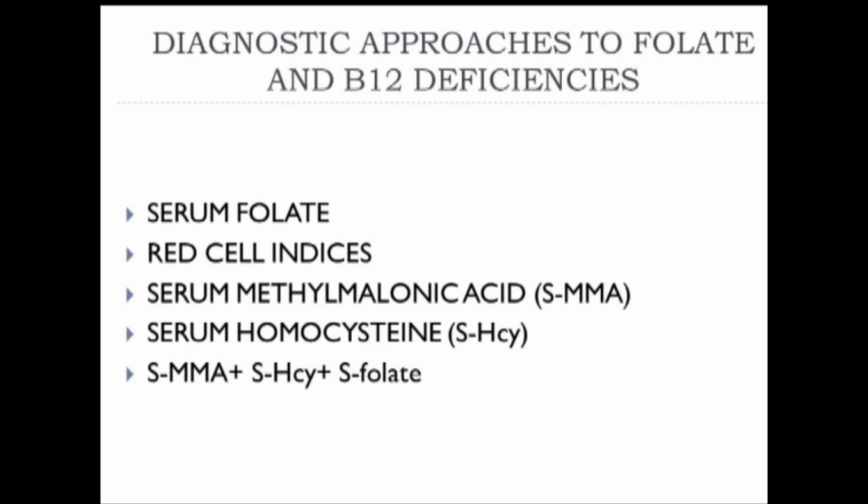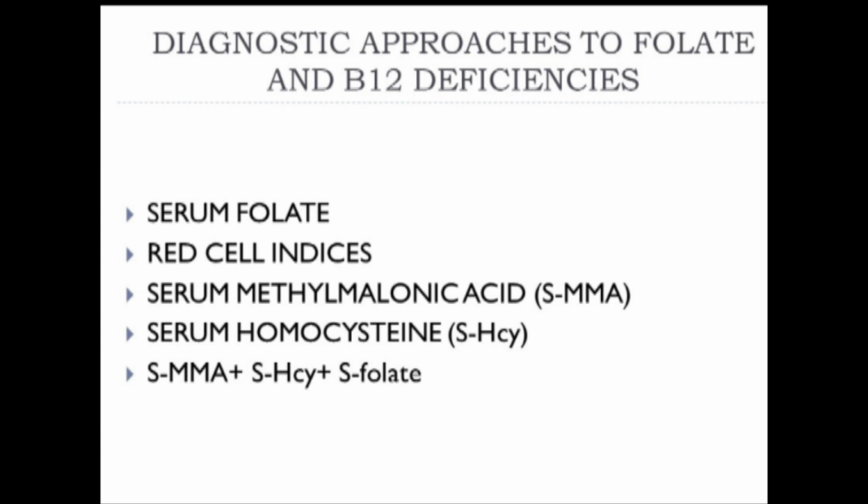However, in another example, if the serum methylmalonic acid is elevated, but the serum homocysteine is not abnormally high, but probably just a little highish, but the serum folate is quite normal, it's a very much higher likelihood that what we're looking at is a B12 deficiency because the MMA is elevated.